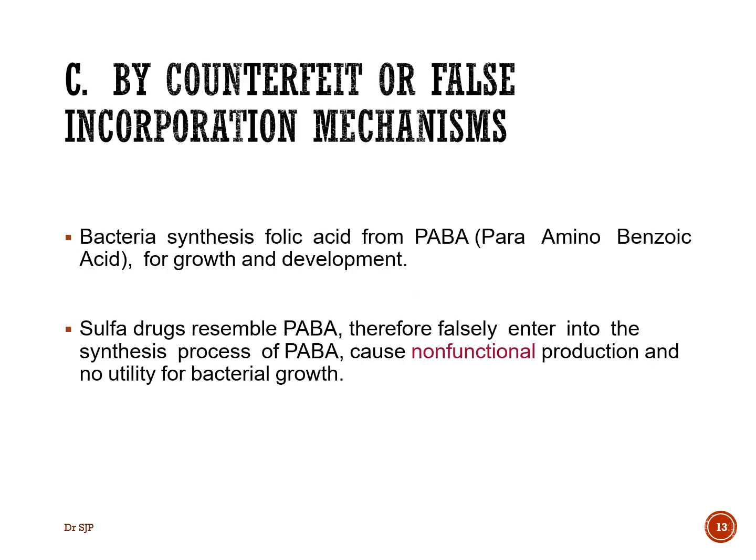Then the third type is by counterfeit or false incorporation mechanism. We have already studied this. Example was trimethoprim, 5-fluorouracil. Then we have other sulfa drugs, right? So they basically interfere with the bacterial synthesis of folic acid from para-aminobenzoic acid, and therefore it prevents the growth and development of that bacteria.